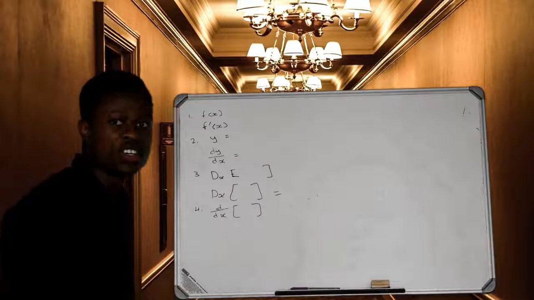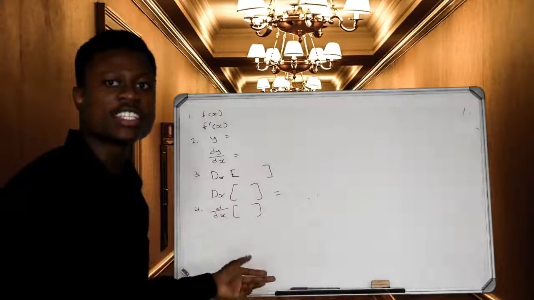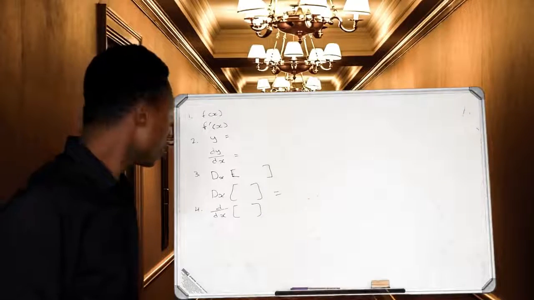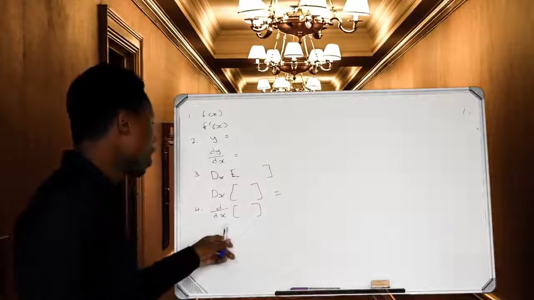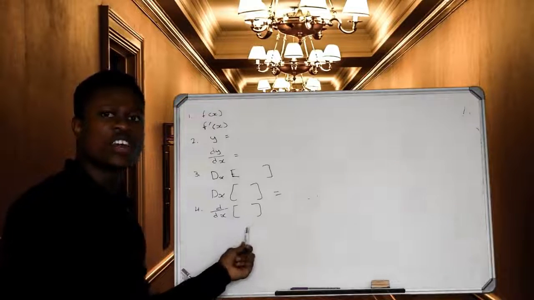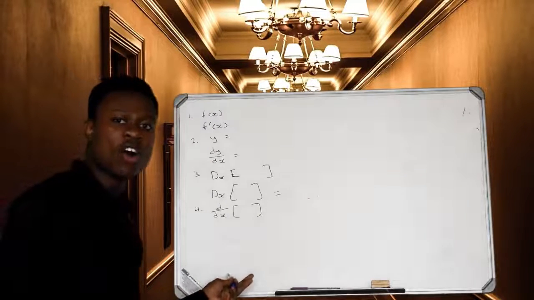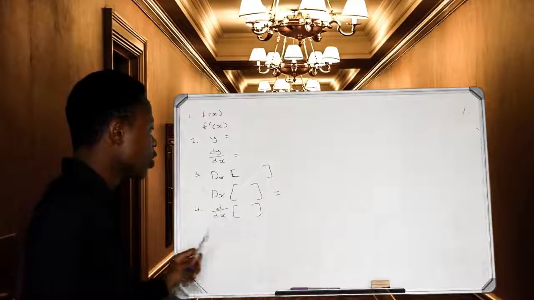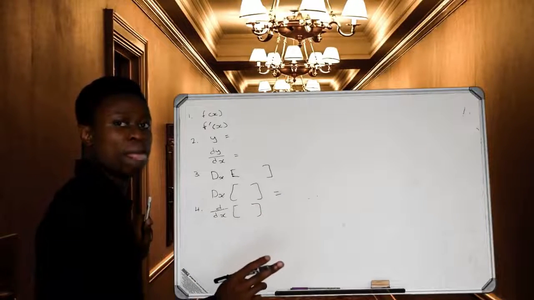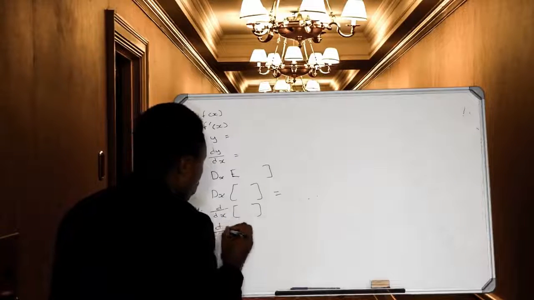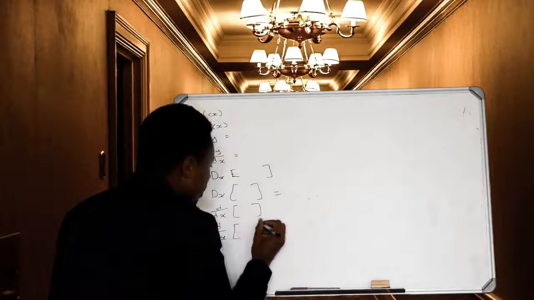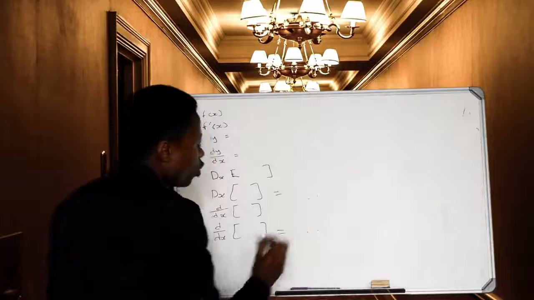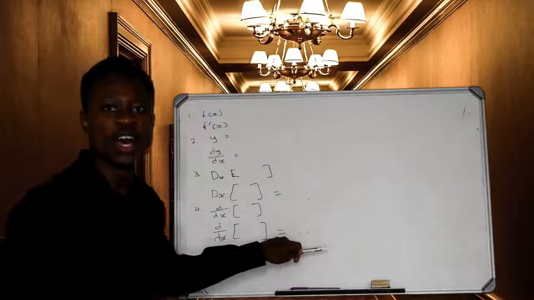The function is inside the bracket. So you continuously write this all the way down until you differentiate it, exactly like this one here. When you finally find the differentiation, you write d over dx of the function is equal to, and then you write the differentiation over here.